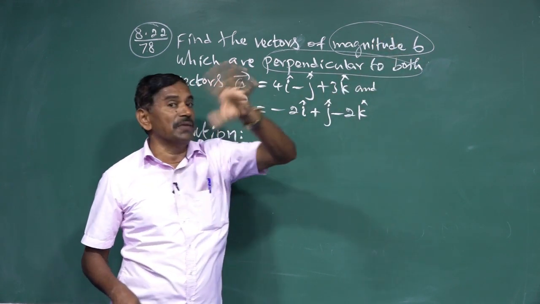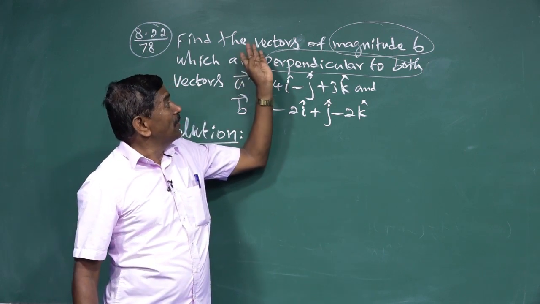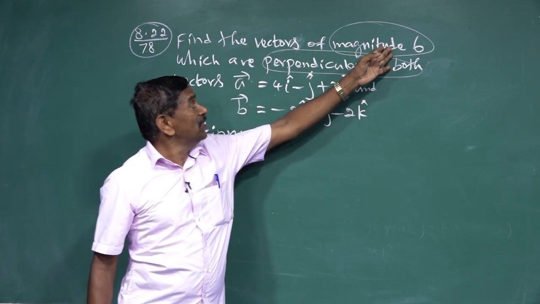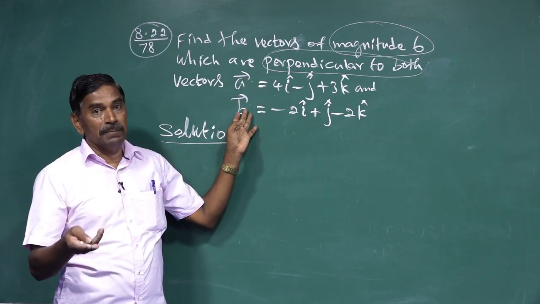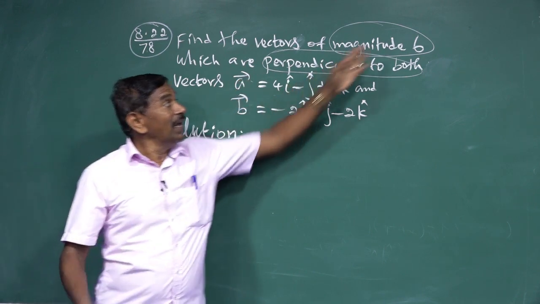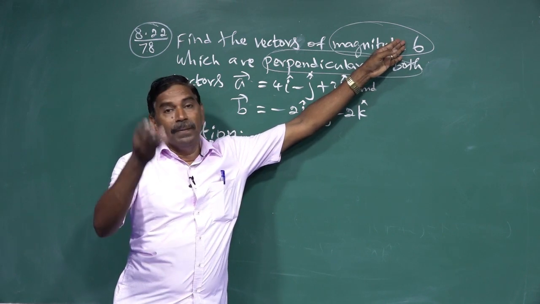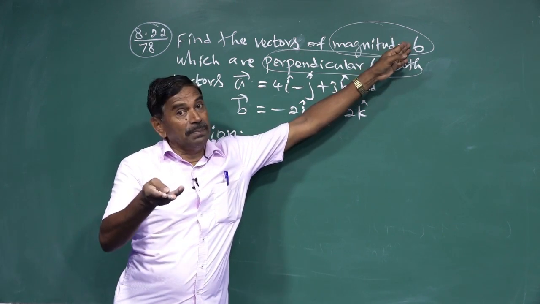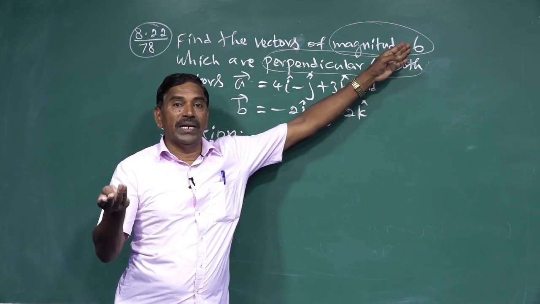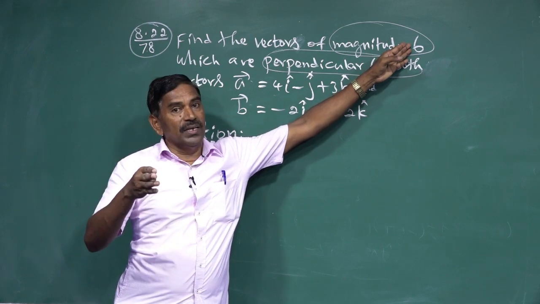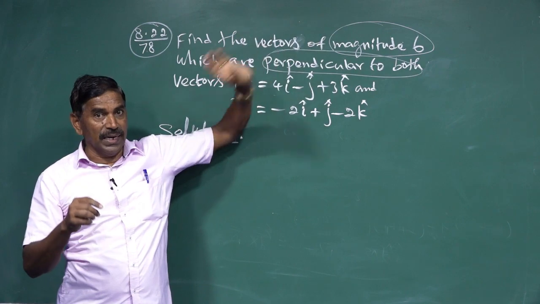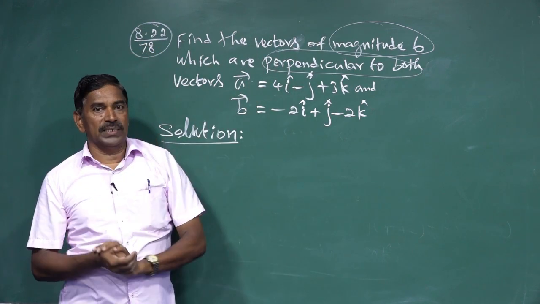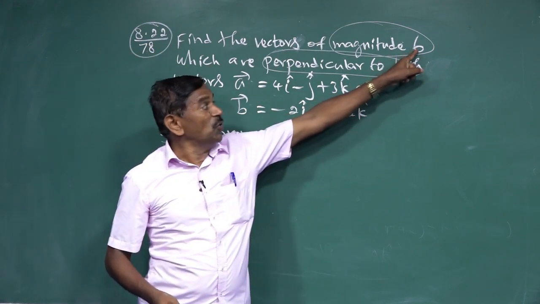But here, the magnitude is 6. See, it is of the form magnitude lambda. The vectors of magnitude 6 which are perpendicular to both A vector and B vector are given by plus or minus lambda into n cap, which is equal to plus or minus lambda into A cross B divided by modulus A cross B, where lambda equals 6.